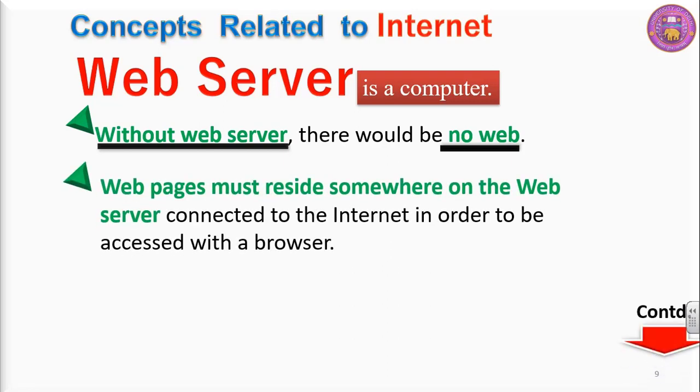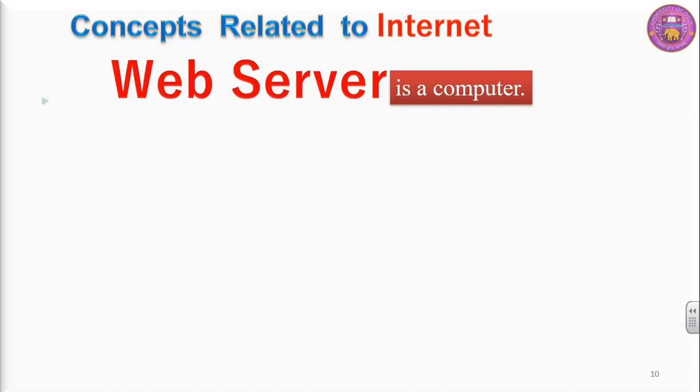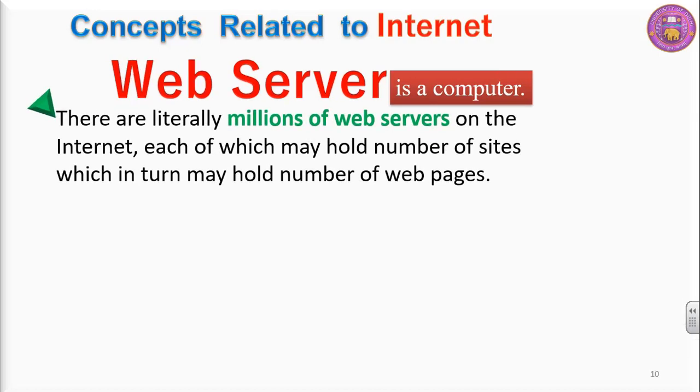Web pages must reside somewhere on the web server connected to the internet in order to be accessed with a browser. There are literally millions of web servers on the internet, each of which may hold number of sites, which in turn may hold number of web pages.